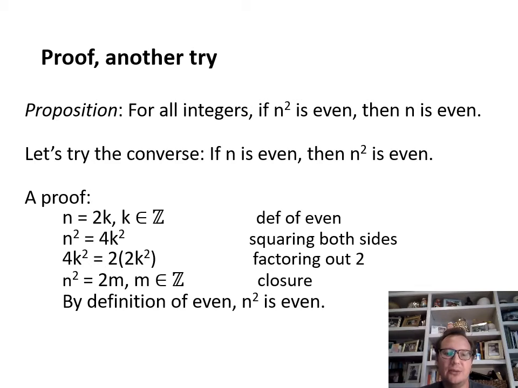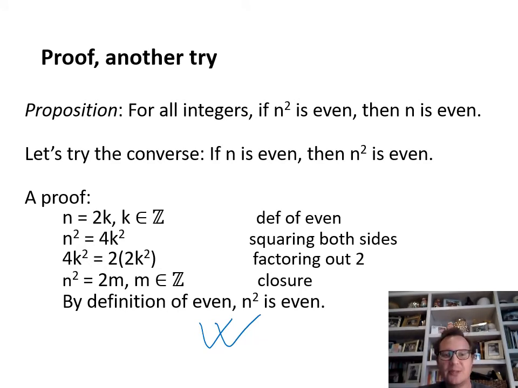We factor out 2. So we have 4k squared is equal to 2 times 2k squared. By closure of integers under multiplication, we have that n squared is equal to 2 times some integer, and with the definition of even, n squared is even. So this actually looks all good.